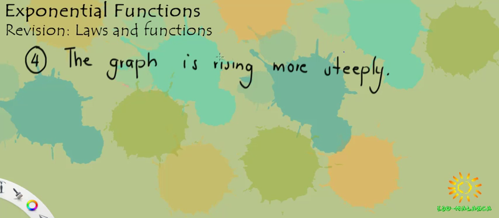This question gives us an opportunity to understand the effect that a coefficient has on a graph. So for example, if you have a graph y is equal to a to the power of x, and then you multiply a by a coefficient, and it becomes y is equal to c times a to the power of x.